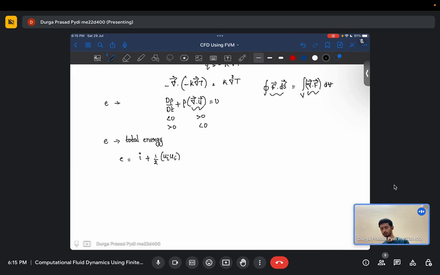I'm just writing ui, essentially it means u square plus v square plus w square. This small a is essentially your internal energy, and for now we'll neglect the potential energy and all of that. So this is your E. So when I ask you to find dE dt, maybe you can try this.